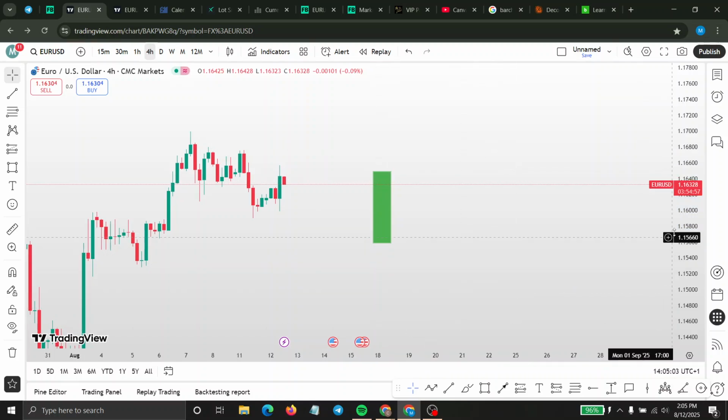When does a bullish candle open and when does it close? A bullish candle opens from the bottom and closes at the top. Exactly.